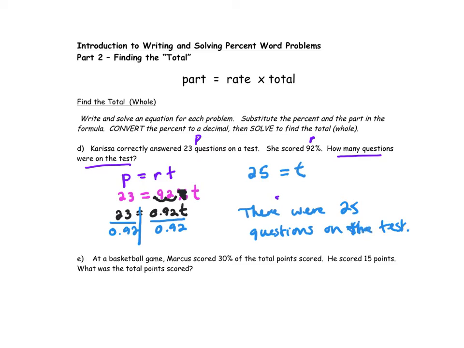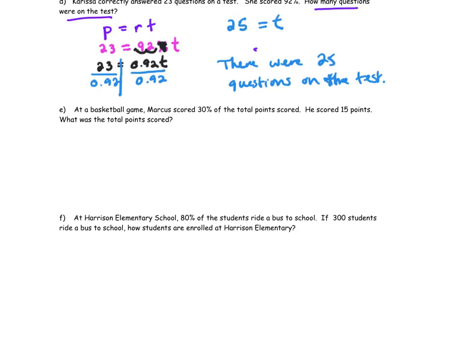Okay, let's move forward. Our next question says, at a basketball game, Marcus scored 30% of the total points scored. He scored 15 points. What was the total points scored? So we're going to start again with our formula. P equals RT.